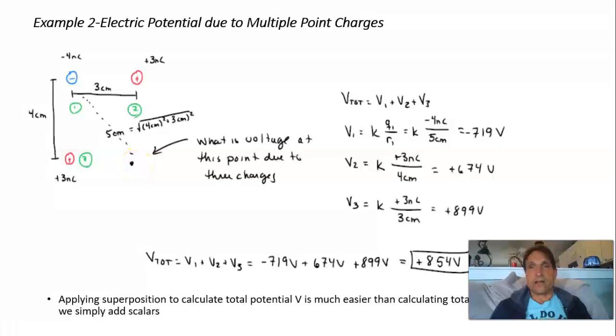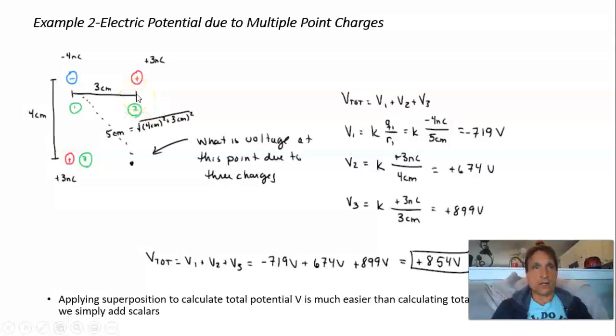And the charge is negative 4 nanocoulombs, and we plug in K as 9.0 times 10 to the 9. When you plug all these in, you get that the potential V1 due to this charge Q1 only is negative 719 volts.